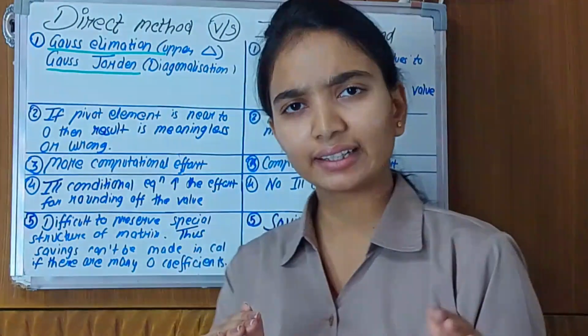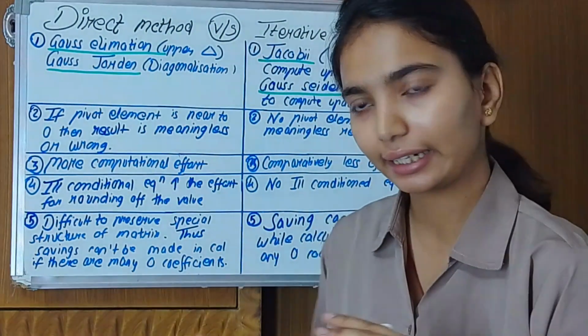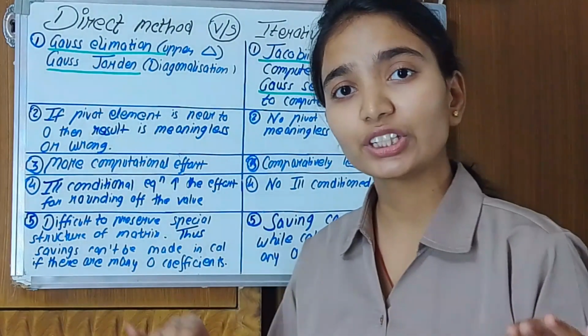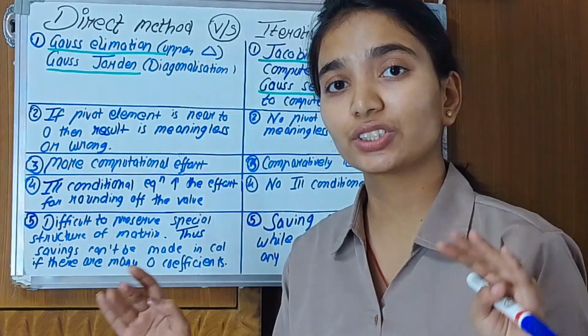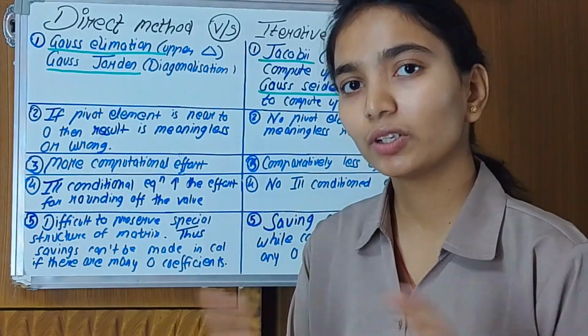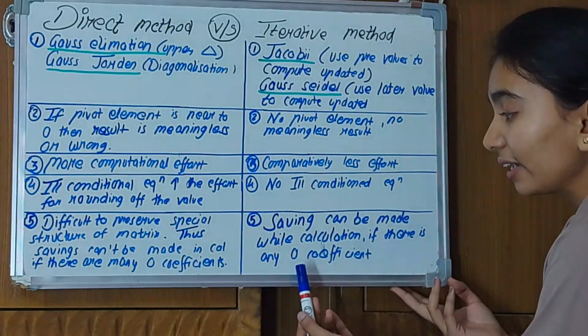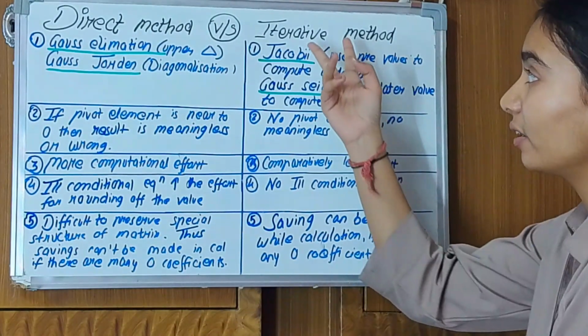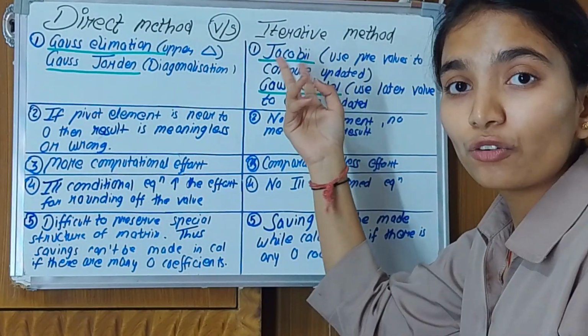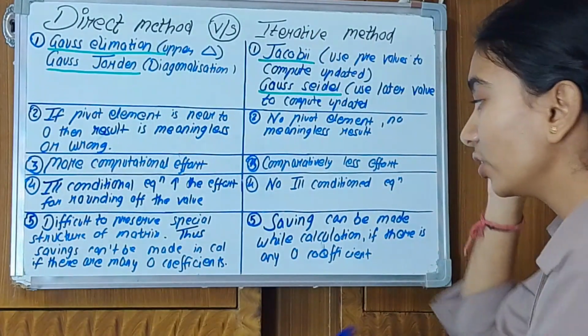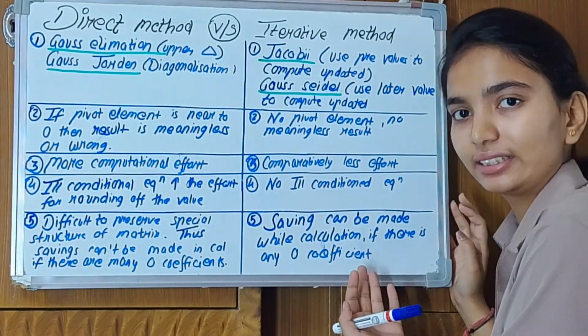If the matrix consists of 0 elements in it, then the calculation will remain the same. The calculation effort remains the same, no changes. While if there are 0 elements while calculating coefficients with the iterative method, calculations are easier to perform.